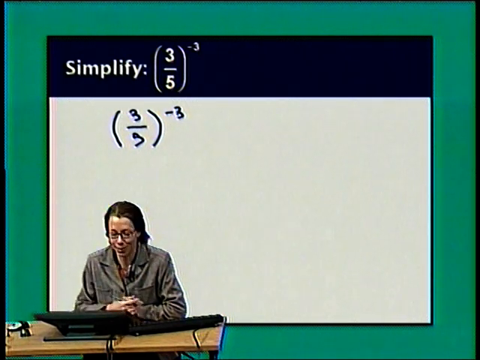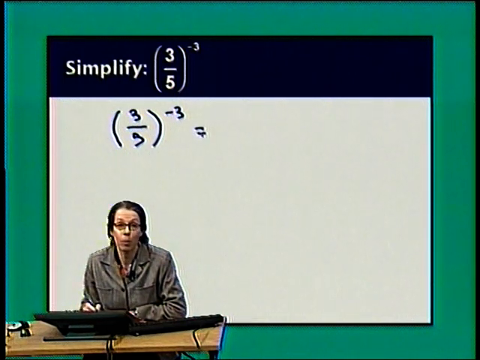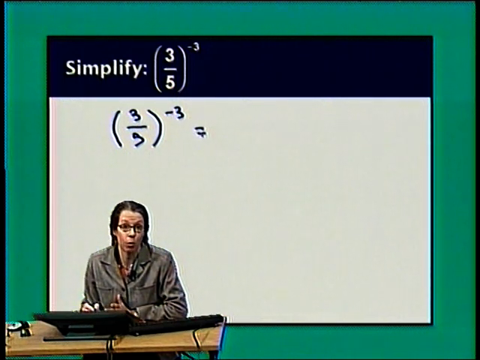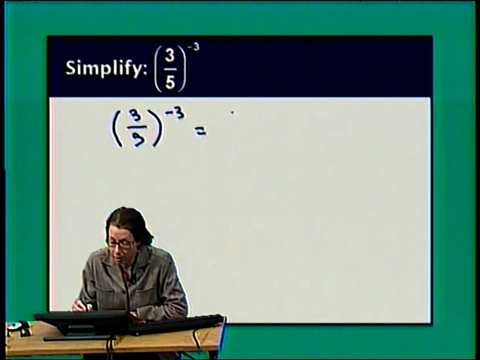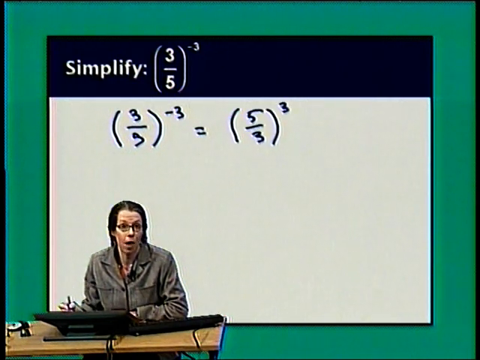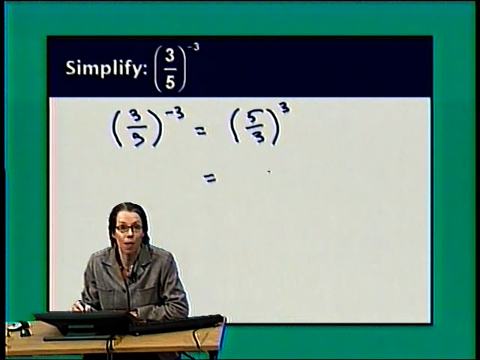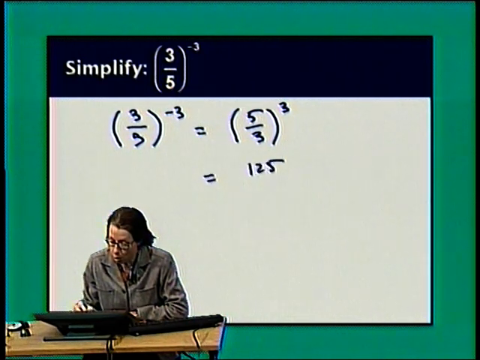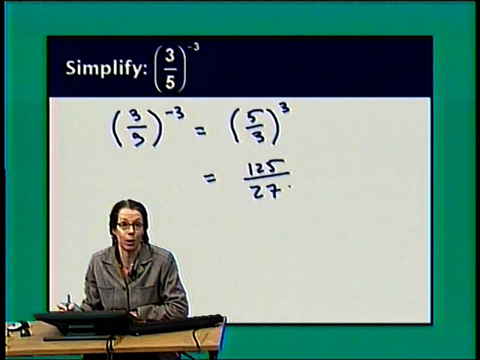Then we can do a calculation. So the first thing I'm going to do is apply my exponent rules so I have something to evaluate here. Remember, 3/5 raised to the -3 power is the same thing as the reciprocal of 3/5 to the +3 power. Now I can do some arithmetic. This is 5 cubed over 3 cubed.